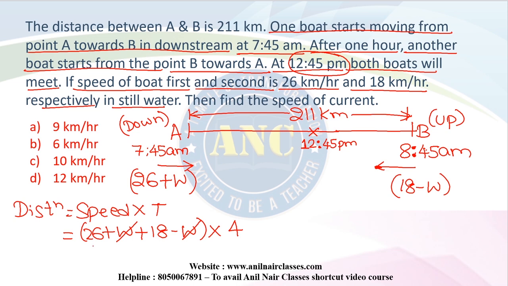W and minus W cancel. 26 plus 18 is 44. 44 into 4 is 176 kilometers. That means, can I say that the distance is 176 kilometers from somewhere to somewhere? So for example, from here to here, it is a total distance of 176 kilometers that is definitely traveled.